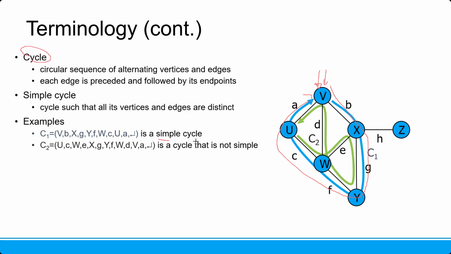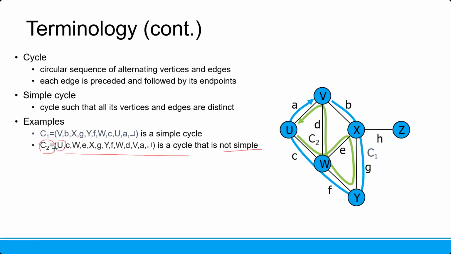And a simple cycle is a cycle such that all vertices and edges are distinct. So this is distinct, except the last vertex. C2. C2 is a cycle, but it is not simple. Why?